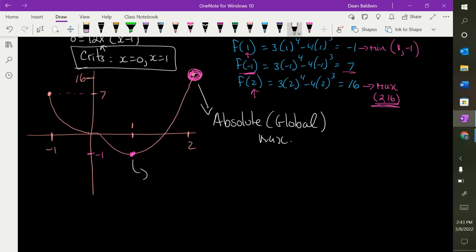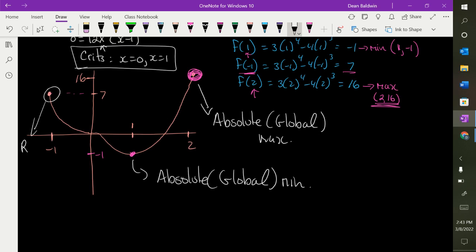This, because it's the smallest value in the entire function, is the absolute or global min. And this point right here is a maximum, but it's called a relative max because it is not the highest. Relative max.